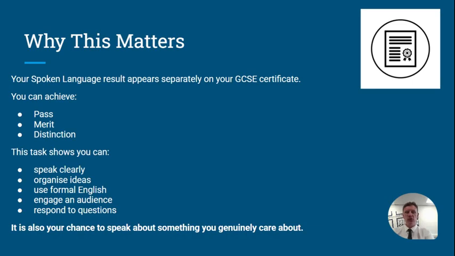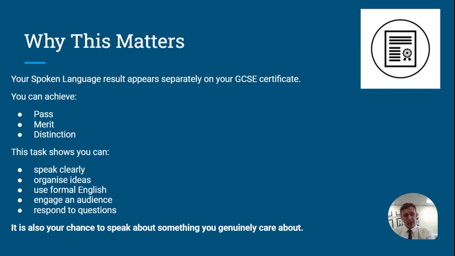Okay, now why does all of this matter? Why is this important? Because this task, it's true, doesn't actually change your main GCSE English language exam grade, but it does appear separately on your GCSE English language certificate as what's known as the spoken language endorsement. And there are 3 levels you can get in it. So you can get a pass, a merit, or a distinction.